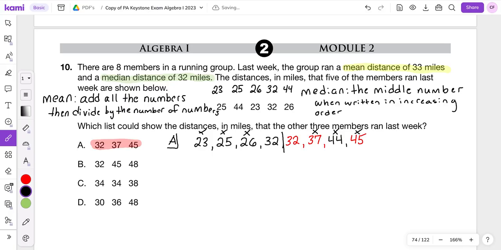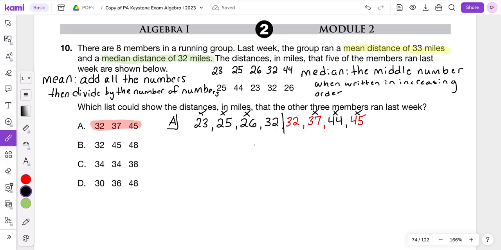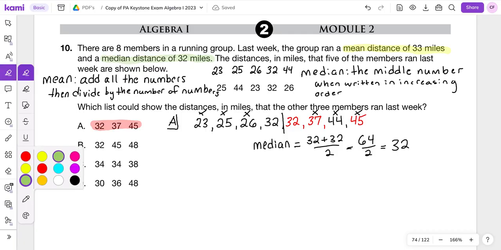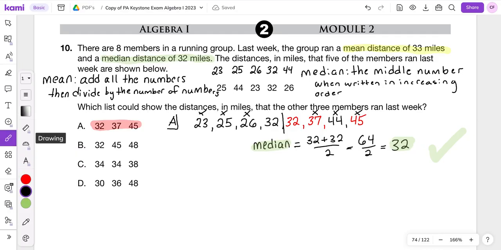This is easier than most problems would be, but typically to find the median, when you have 2 values, you would have to add them up, 32 plus 32, and divide by 2, which would be 64 over 2, or 32. Now, since they were the same numbers in the middle, you wouldn't necessarily have to do that. And going back to the original problem, the median needed to be 32. So this part works.